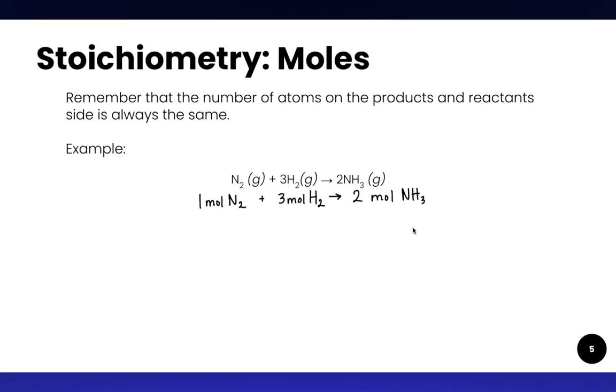So overall, in this situation, you're going from 4 moles into 2 moles. And that's okay, because the types of moles are different. You're still following the law of conservation of mass because you have the same number of atoms. Okay?